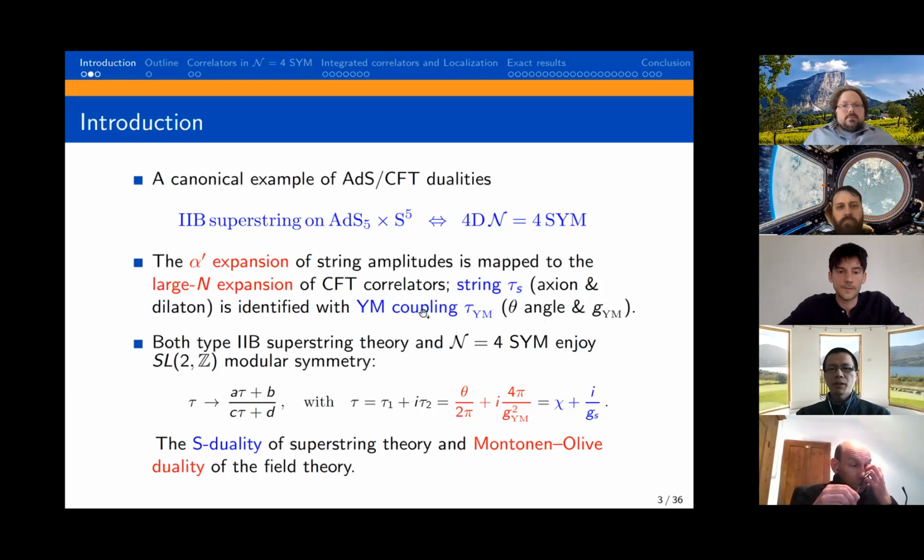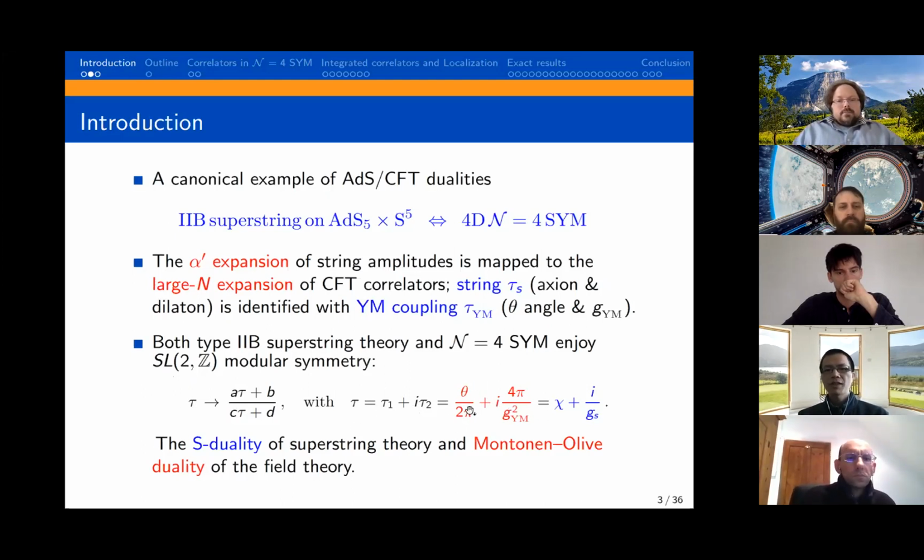The reason we want to keep both of them is that type IIB string theory as well as N=4 super Yang-Mills famously enjoy the so-called modular symmetry or SL(2,Z) symmetry, which takes the complexified coupling to a new one, where a, b, c, d are integers and ad minus bc equals 1, namely SL(2,Z). Here I'm making explicit what the complexified coupling is.